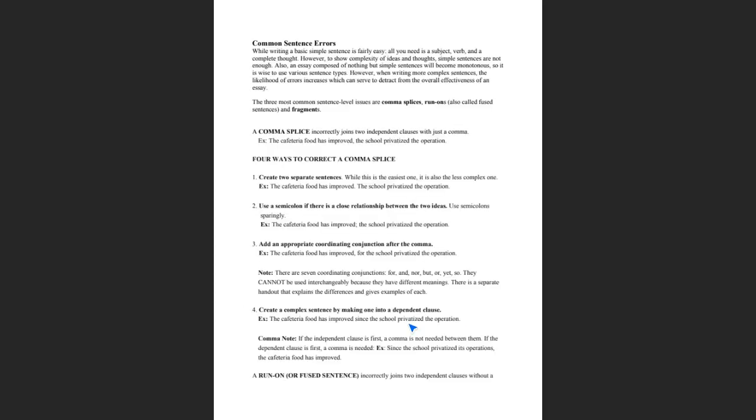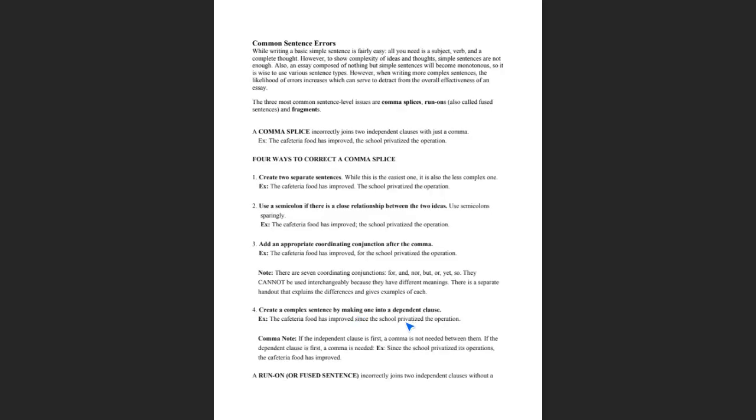For instance, the group of words, since the school privatized the operation, by itself is not complete. It does not give a complete thought. But if you combine that dependent clause with an independent clause, then you have a complete sentence. So let's read this one. The cafeteria has improved since the school privatized the operation.